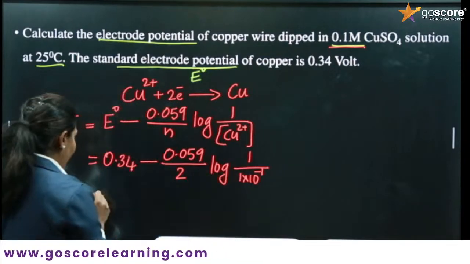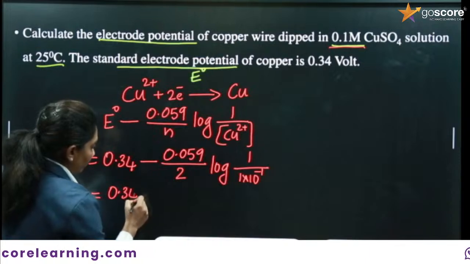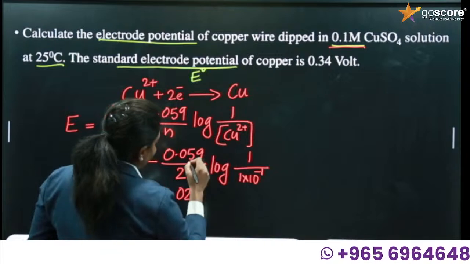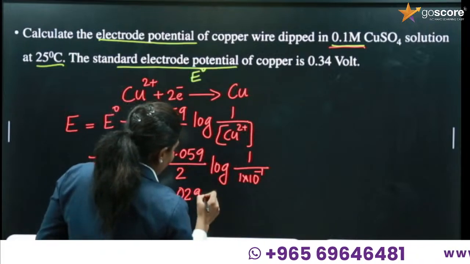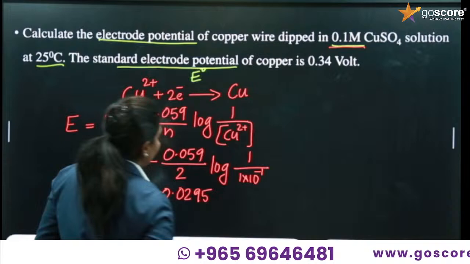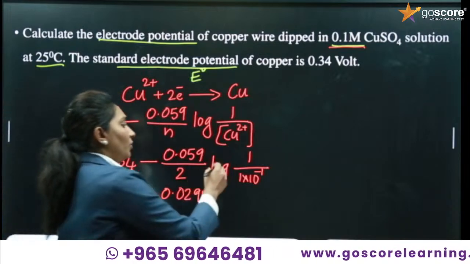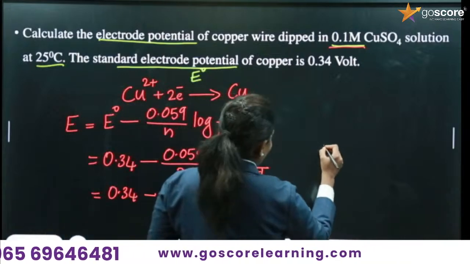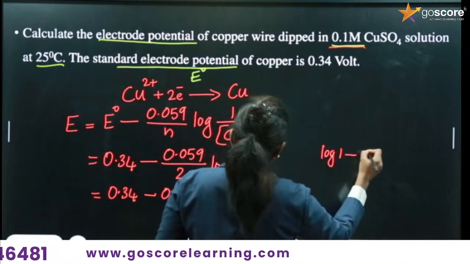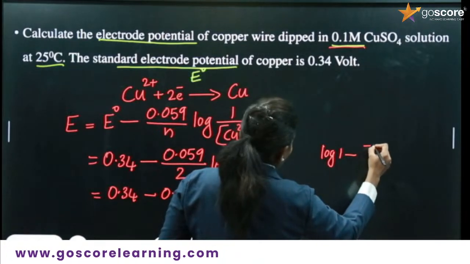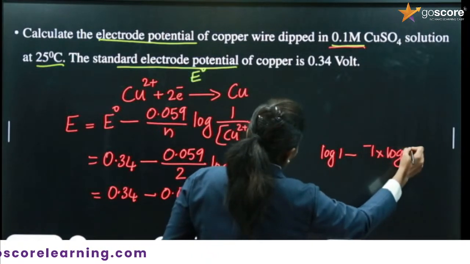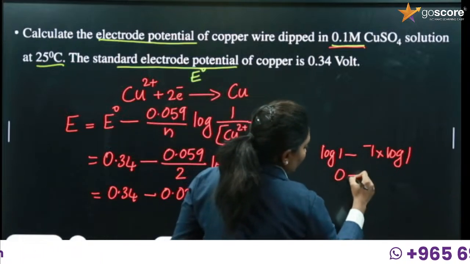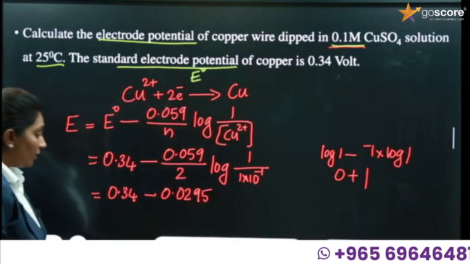So what will be the value? 0.34 minus, this will be 0.0295, right? What will be log 1 by 1 into 10 raised to minus 1? It will be log 1, which is 0, minus of minus 1, so plus 1. Okay. So your value will be 1 there.